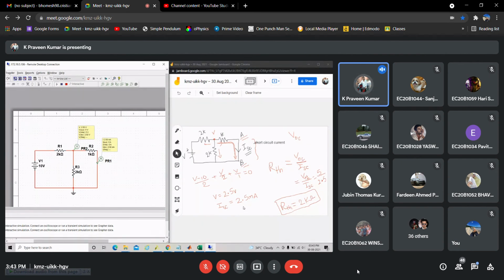So this is the way you can calculate the open circuit voltage and short circuit current, and that ratio is the Thevenin resistance. Any doubts up to here? Okay, I think this is fine. This is clear.